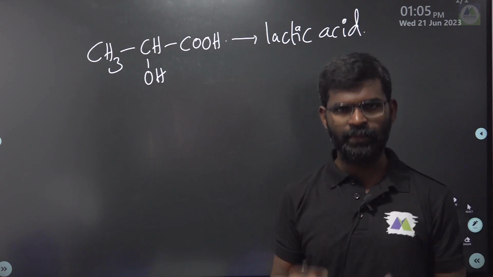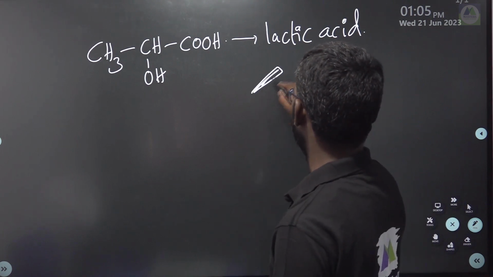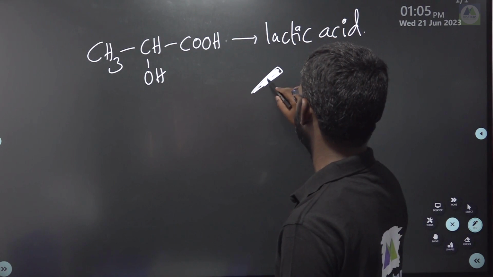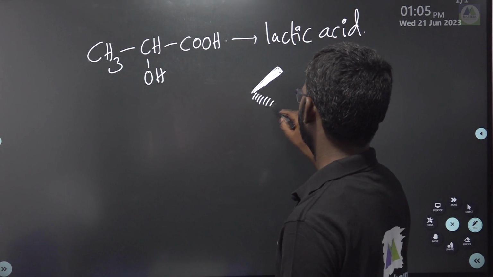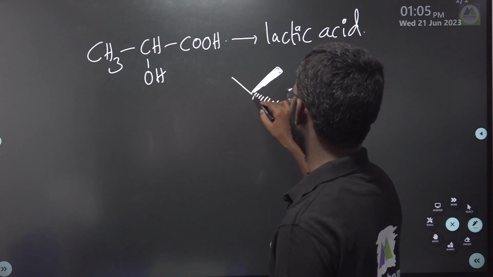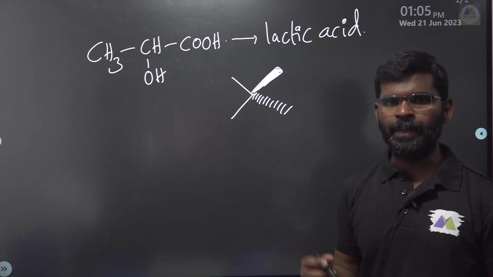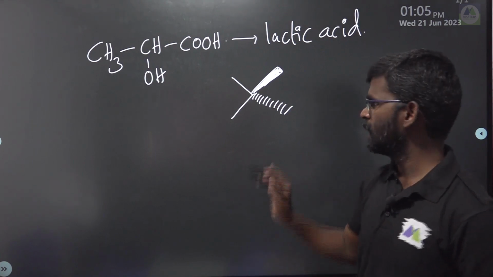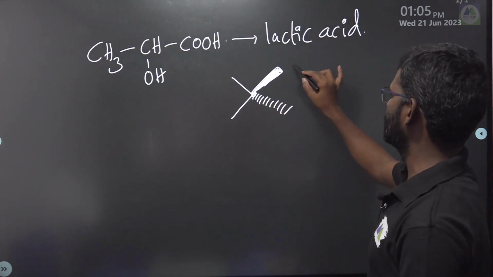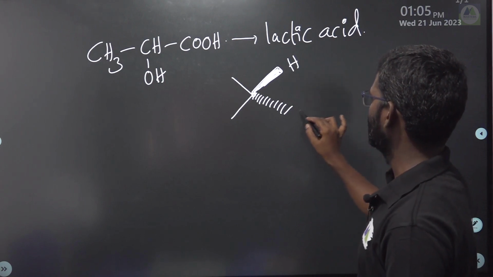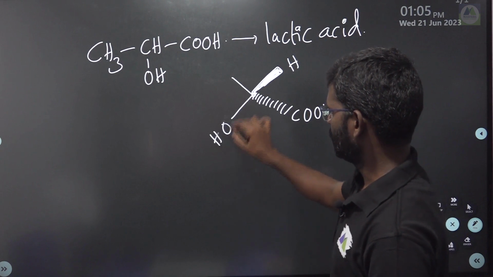In the flying birds representation, there is a front side bond, toward the observer, the thick bond, right? This is back, and this is in plane and this is in plane. If the representation is like this, you can keep any atom or group at any place. This center is called the chiral center, right? So for example, I am going to write hydrogen here, COOH here, and OH here, then CH3 here.